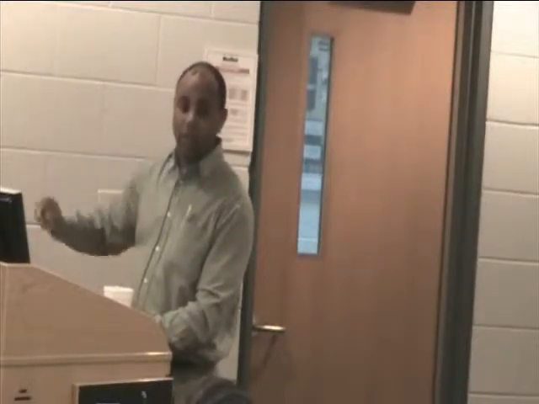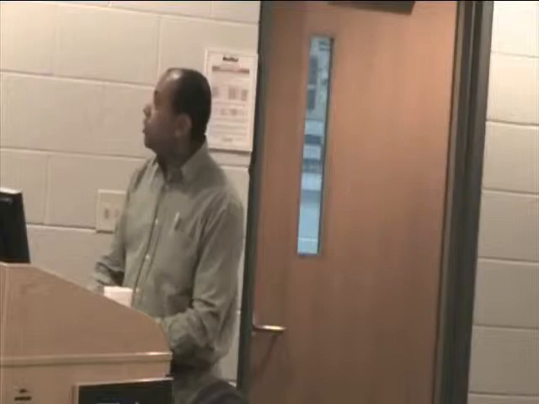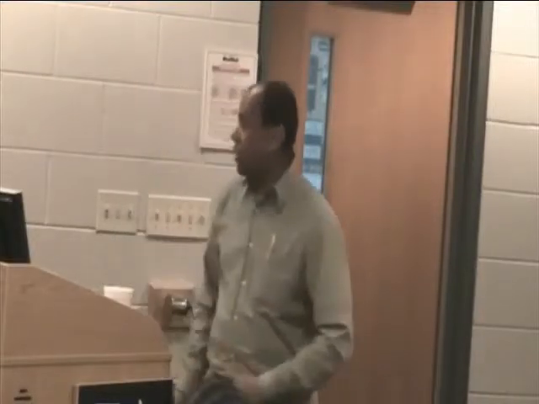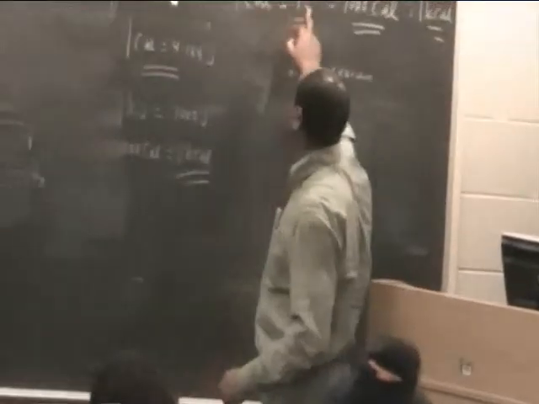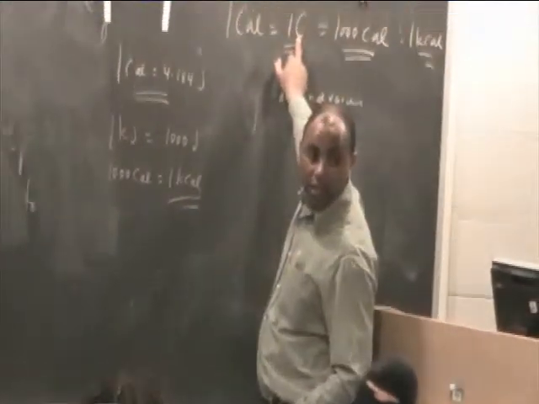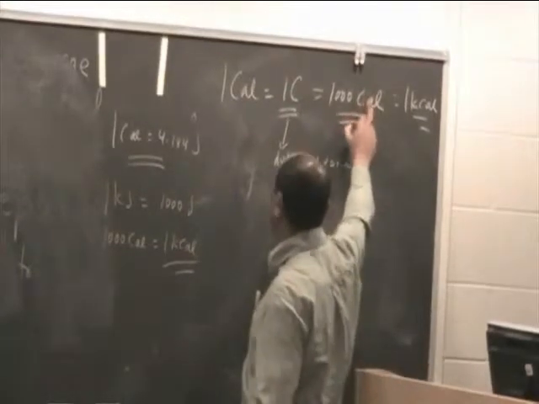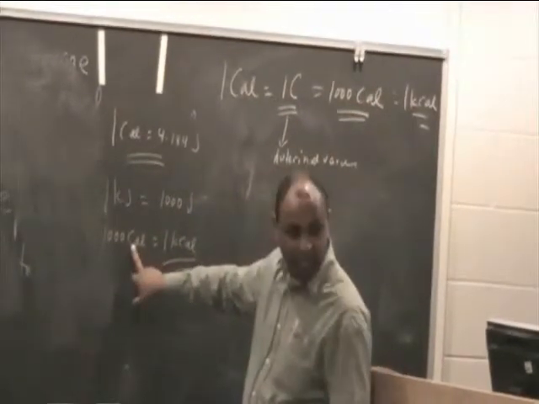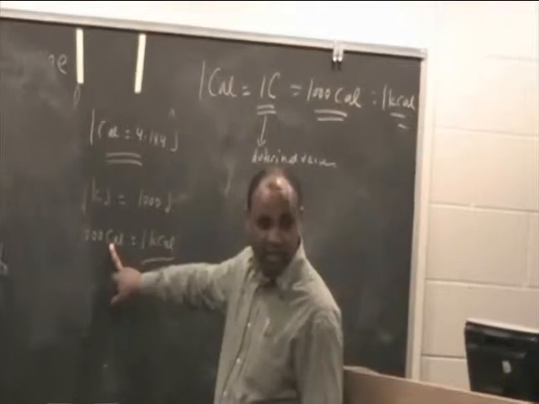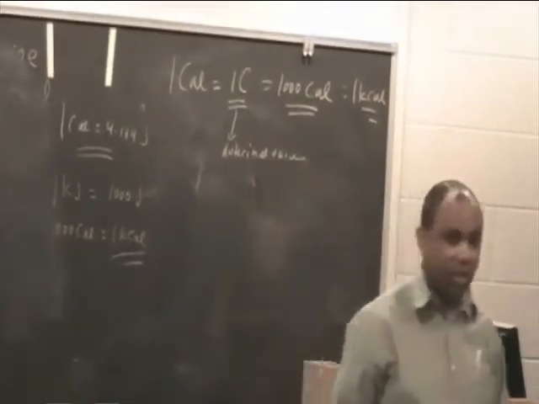Yeah, 1 big C equals 1,000 calories. The symbol for 1 calorie is 1C. It's the same thing, yeah. 1C equals 1,000 small cal. That's what it means, okay?